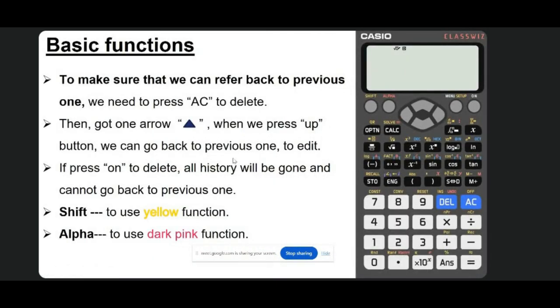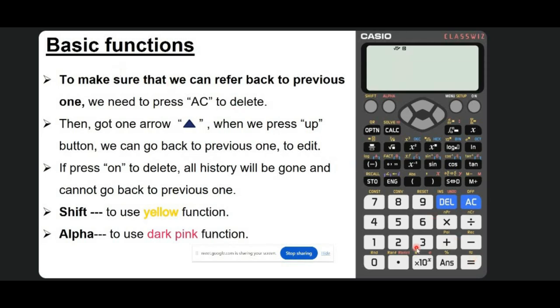So the basic function of this calculator is, I will introduce some of it. To make sure that we can refer back to the previous one, teacher, you can type 3 plus 9 on your calculator, and then press the equal sign.